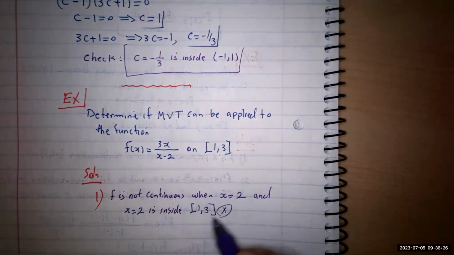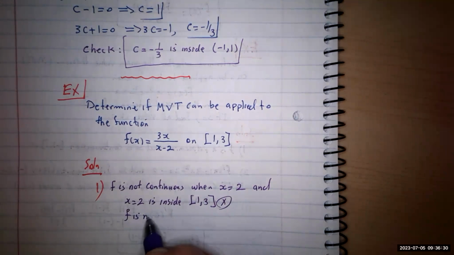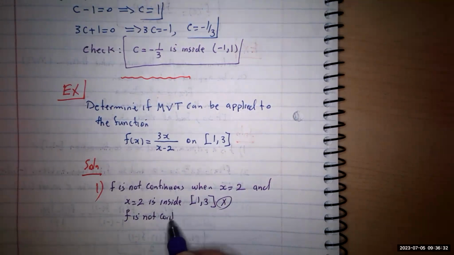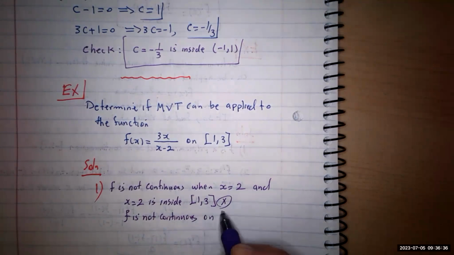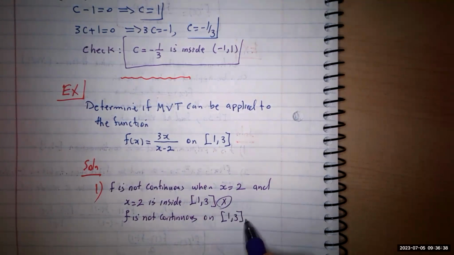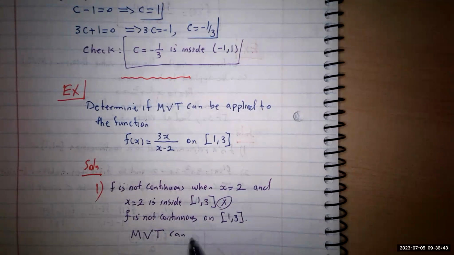So this means f is not continuous on the closed interval of 1 and 3, so the mean value theorem cannot be applied.